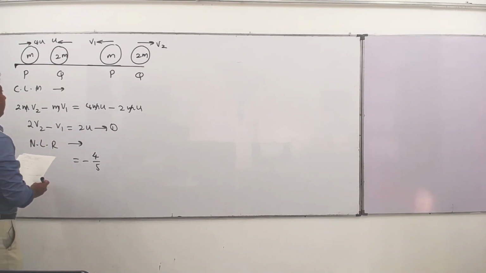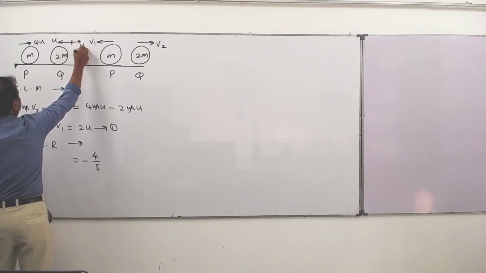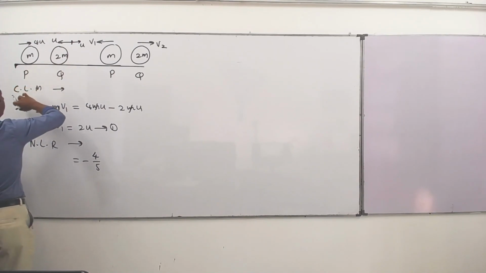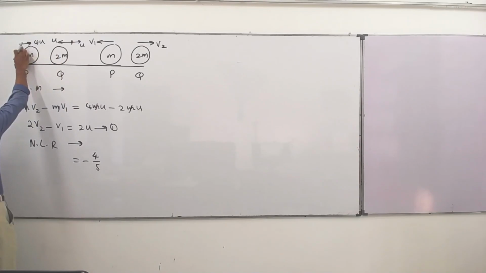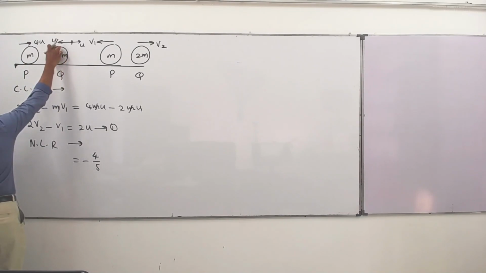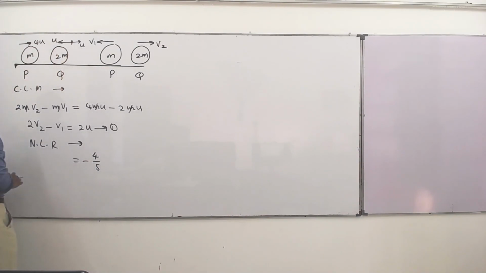To find the relative velocity, we stop Q by applying u here, and the same u we have to apply on P. The velocity of Q is u, so the same u applies. This will be 5u.